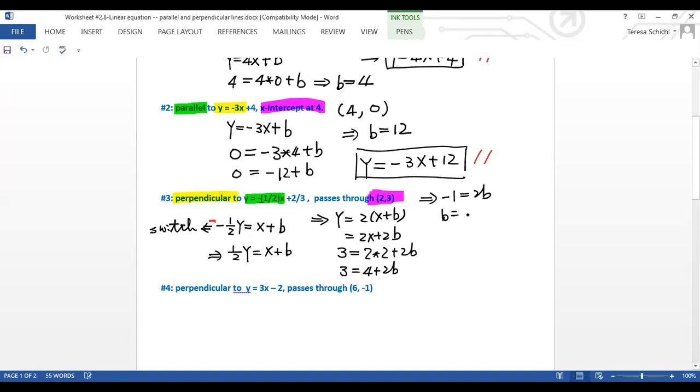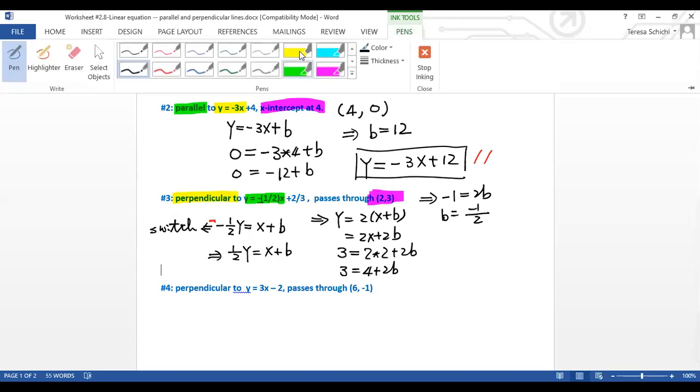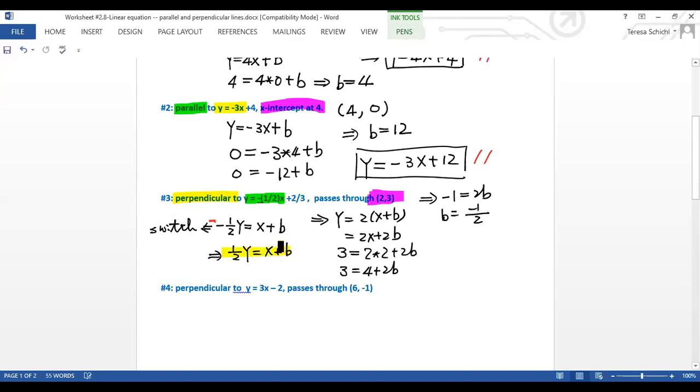So what is my b here? Negative what? 1/2, right? So if it's negative 1/2, I substitute back to here to see my final equation. So that means 1/2 of y is equal to x plus negative 1/2, right?